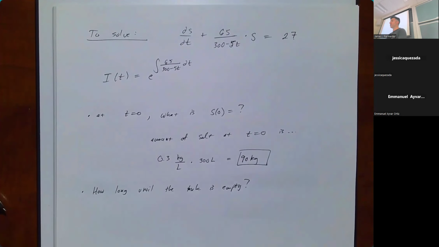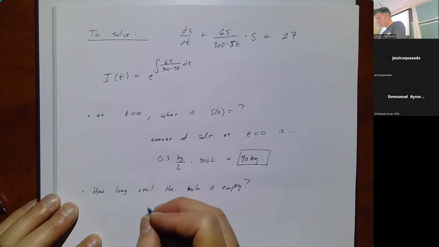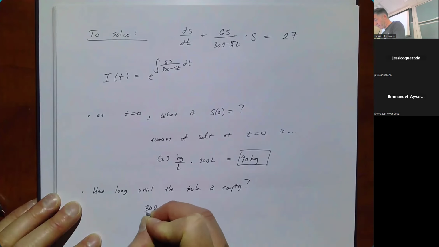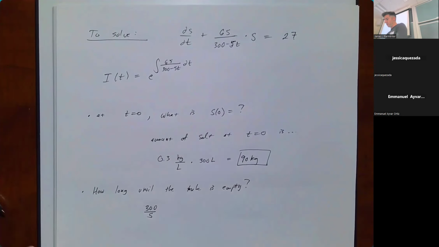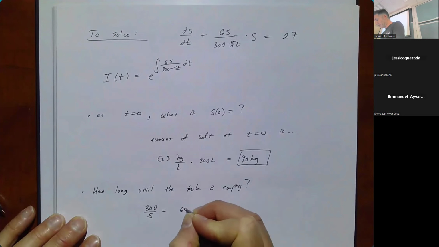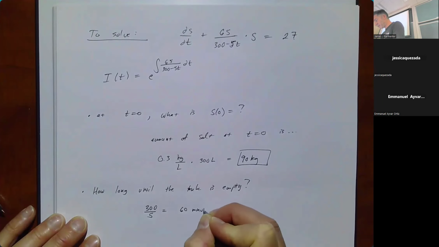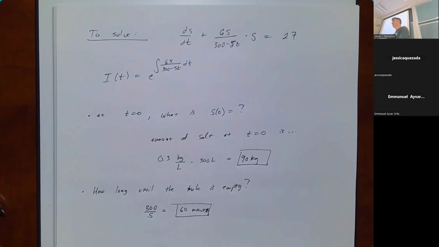Well, we're losing 5 liters every minute, and the tank started off with 300 liters. So we just have to do 300 divided by 5, which is 60 minutes, so exactly 1 hour.